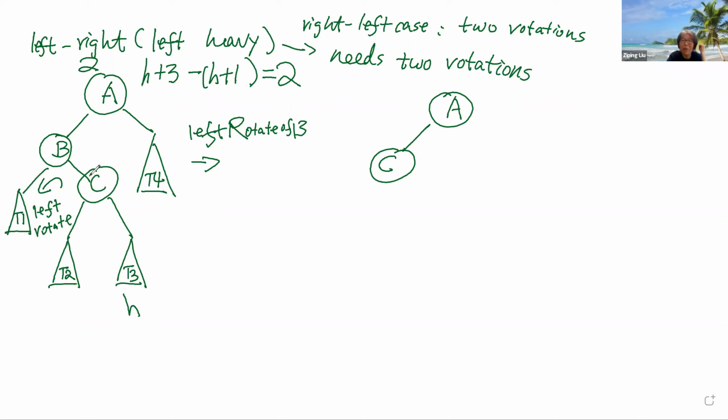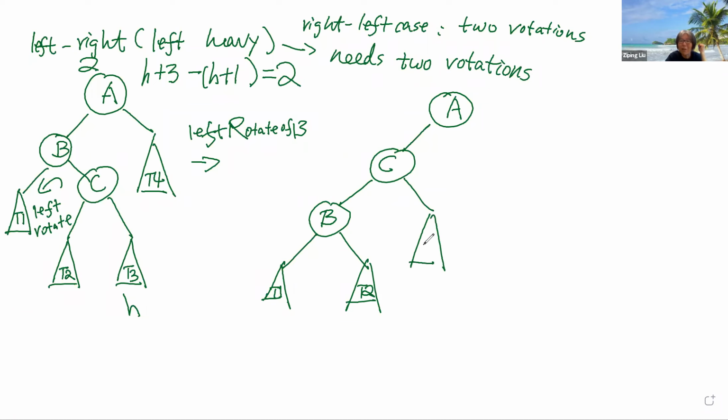So C, and B. B still has its T1 subtree, but C has its T2, and T2 is on B's right. So we can put T2 as B's right, and C has another right tree, T3. And then for A, we have T4. We do left rotate on B, then it changes to this.